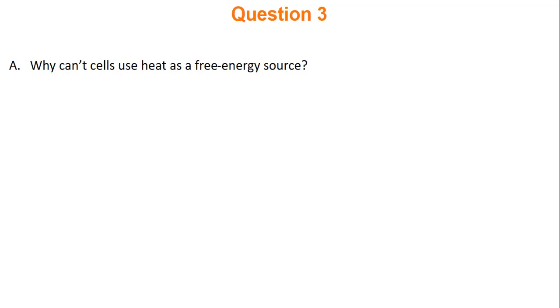We generate heat all the time. Our bodies are very hot. Why can't we use heat as a source to do work? Because in our free energy equation, heat is part of it. There's heat right there. Why can't we use that to do work?